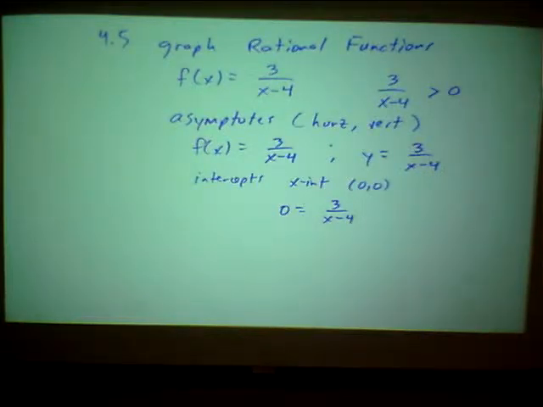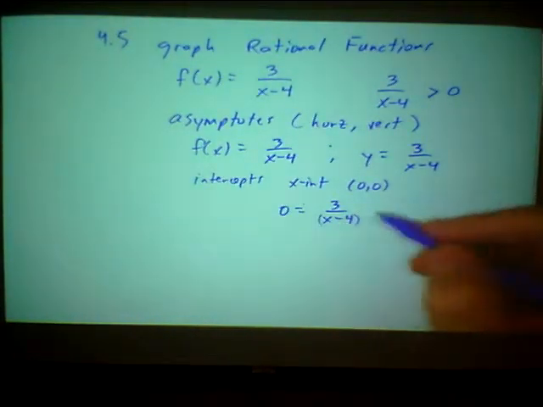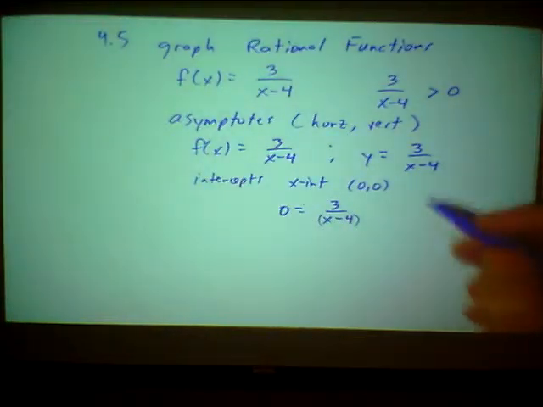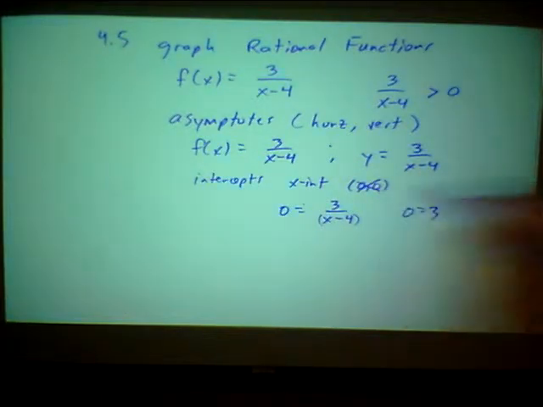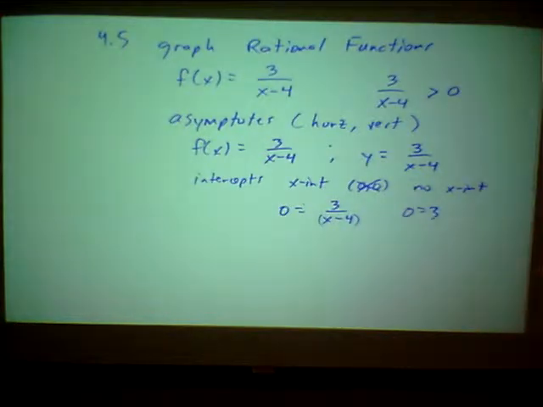actually, I think I misspoke. You actually cannot solve this equation for x, because if you multiply both sides by x minus 4, you just get 0 equals 3. So actually, that's a little tricky. There is no x-intercept. Even I can get confused sometimes.